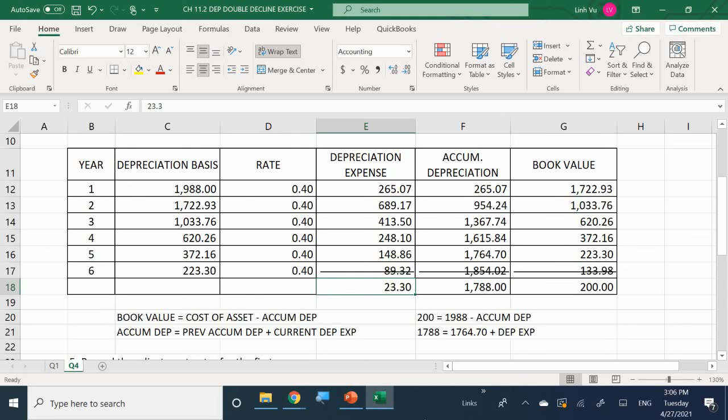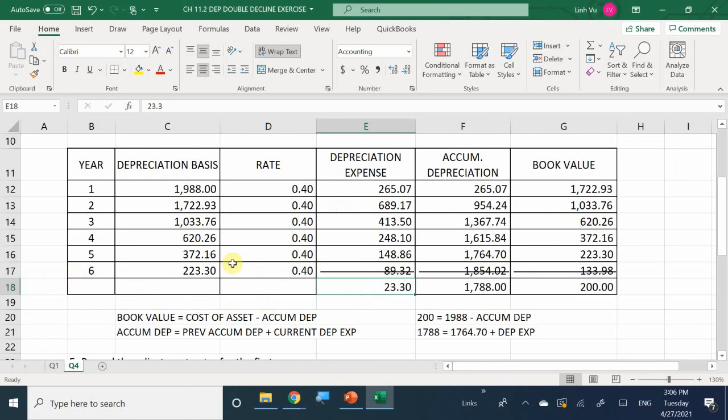My book value at year 4, which is also the beginning book value for year 5, leaves $223.30 remaining. The difference between the two numbers is 23.30.